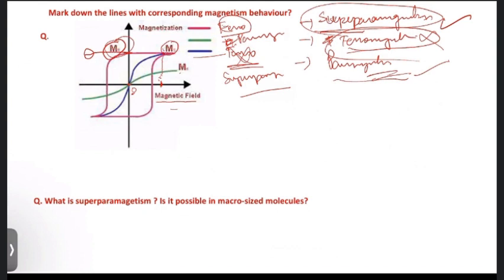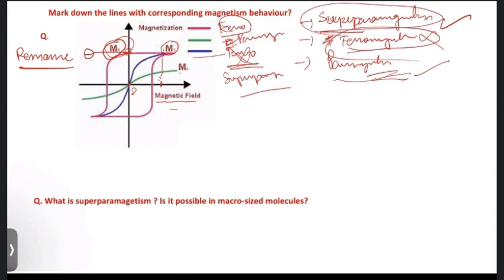The classic nature of ferromagnetic materials is that when the magnetic field is zero, they still have some magnetization, and this point is called remanence, coming from the word remaining. Some magnetization remains.